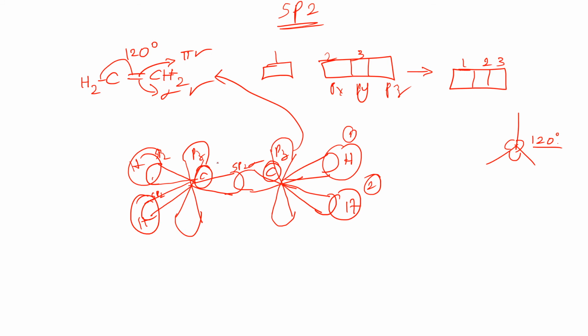On the top there is another bond formation, that is a pi bond. After the formation of the sigma bond, next is the pi bond. So this is about the formation of sp2 hybridization in CH2=CH2. And as we have discussed, the shape is trigonal planar.